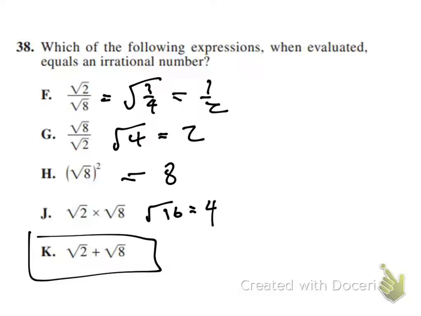This is the only thing that will stay irrational if we do it. Now, you could probably jump right down to the bottom and say, square root of 2 is an irrational number. Can you even add it to the square root of 8 and make the square root of 2 go away? Remember, the only way you can kind of get rid of a radical is by multiplying it by itself or its conjugate. Okay?